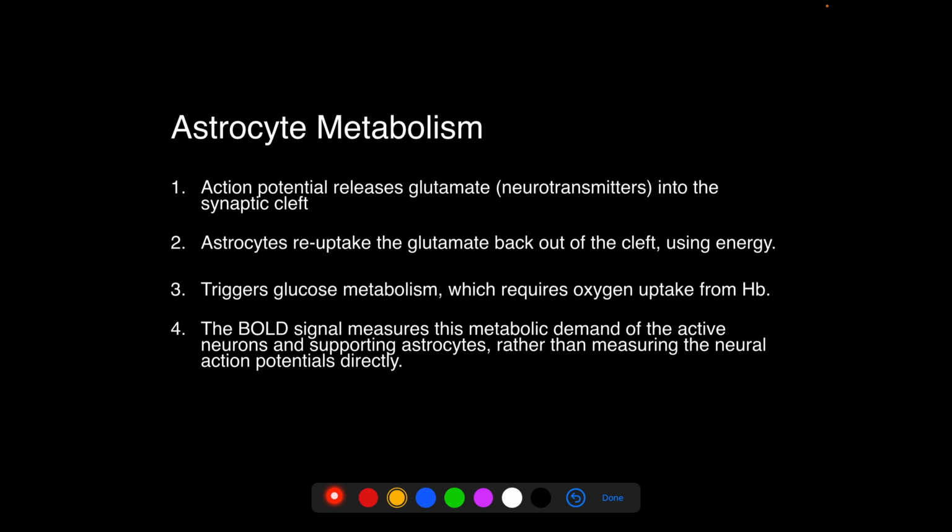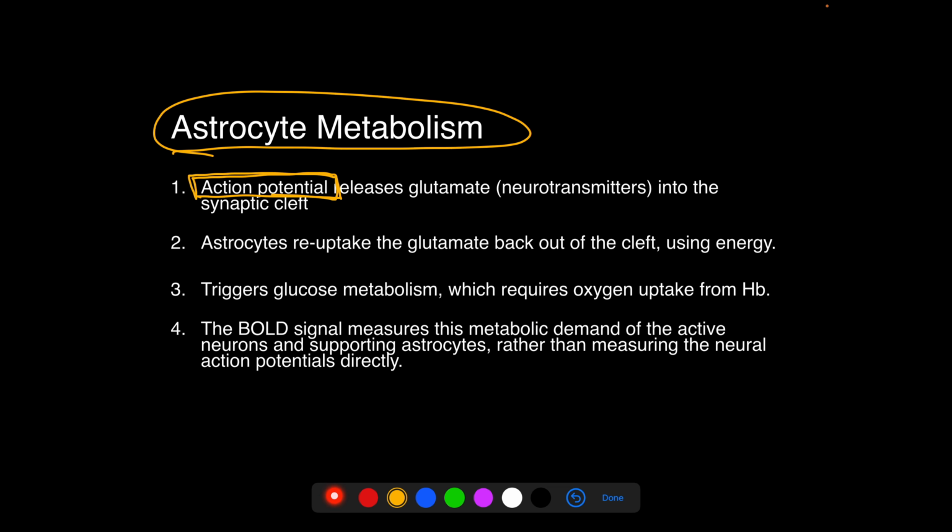So just to cover the overall physiology, what is the cellular mechanism responsible for this BOLD signal, for the hemodynamic response function? And the answer is astrocyte metabolism. The process starts when an action potential, so the electrical signals in a neuron, releases glutamate into the synaptic cleft.